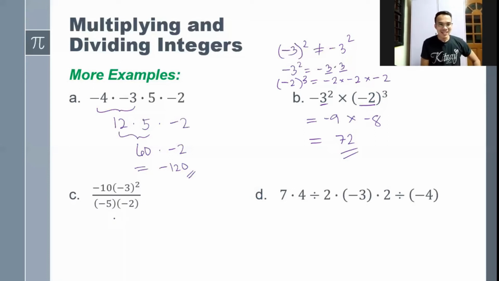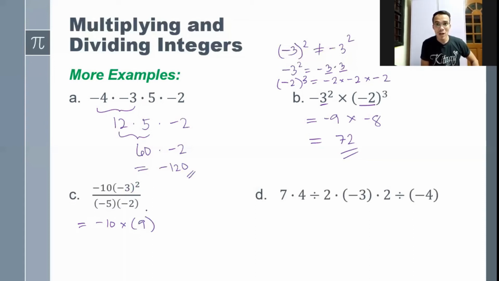Letter C. For letter C, we have to deal with the exponent first before we do multiplication. This is negative 10 times negative 3 squared is the same as negative 3 times negative 3, and that is positive 9.